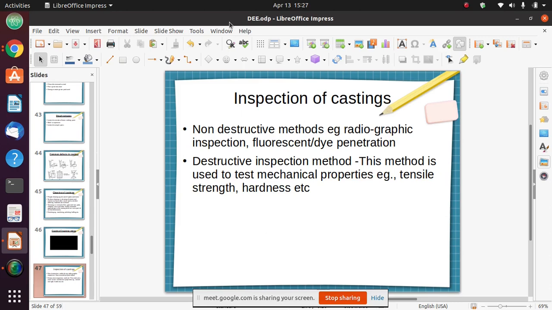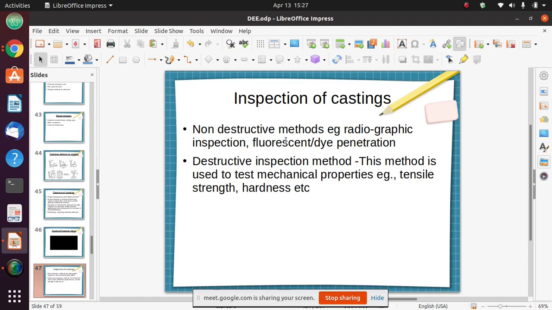Maybe in my casting internally I have cracks and I have defects, and I cannot see these defects with my naked eye. So what I do mfano is I can take an X-ray of that casting, radiographic inspection. Napeleka casting, inafanywa X-ray, and then from the picture that I get, I can see that internally I have cracks, that kuna defects within the casting.